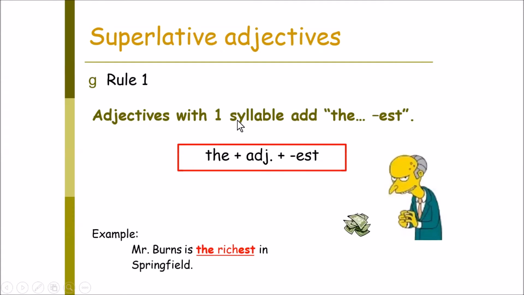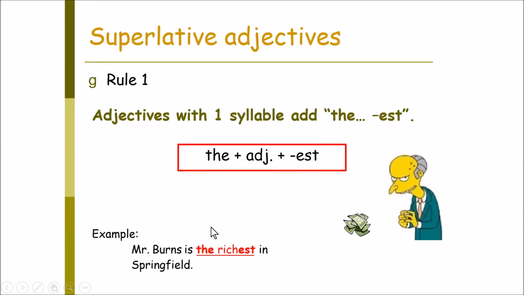Okay, rule number one: adjectives with one syllable, as in the comparative, you have to add the word the and est at the end of the adjective. So in this structure, you write the word the plus the adjective, and finally you add est at the end of the adjective.